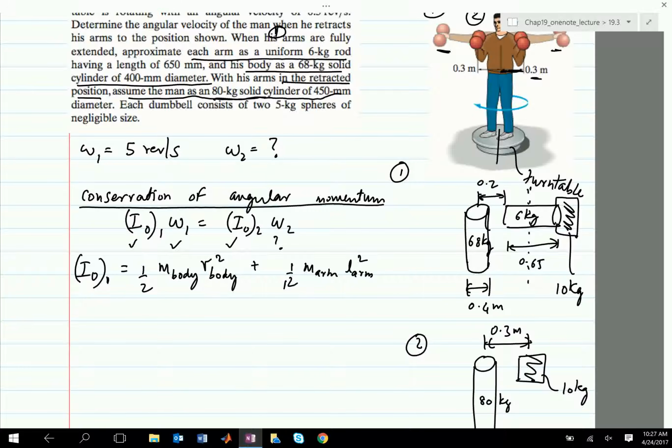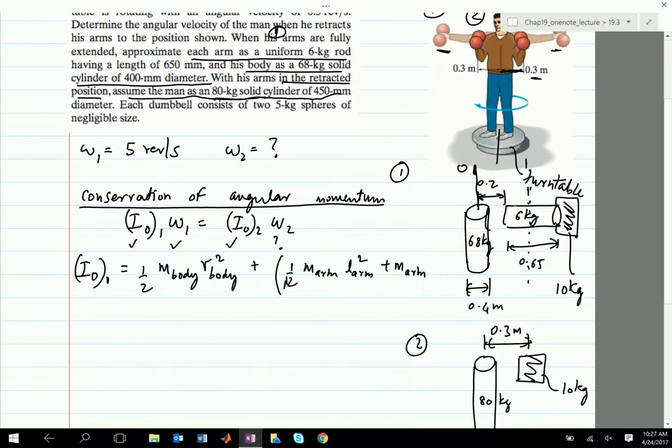But we do not want the inertia about the center of the cylinder, we want it about an axis passing through O, right? This is O. So we've got to use the parallel axis theorem. The parallel axis theorem says that the inertia is the inertia about the central axis plus mass times the square of the distance between the axis we are interested in, O, and the center of that object.